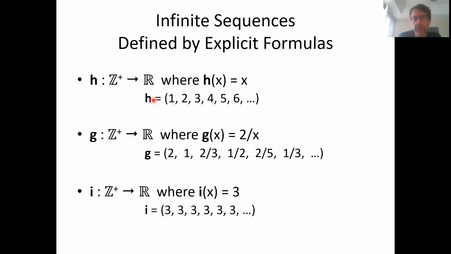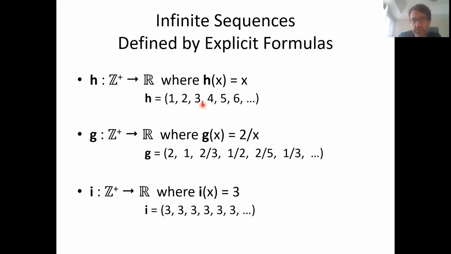If I want to express the sequence, that's another notation for a sequence I'm introducing here. I'm calling this an infinite tuple, with the same variable that I used to define a function.